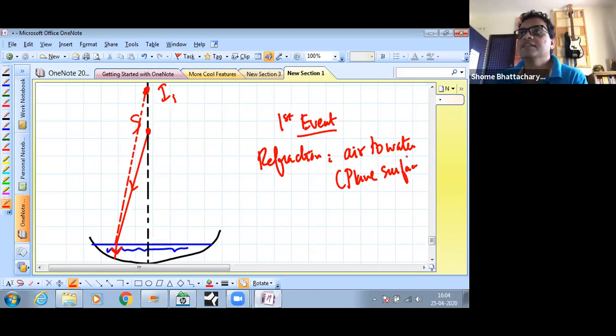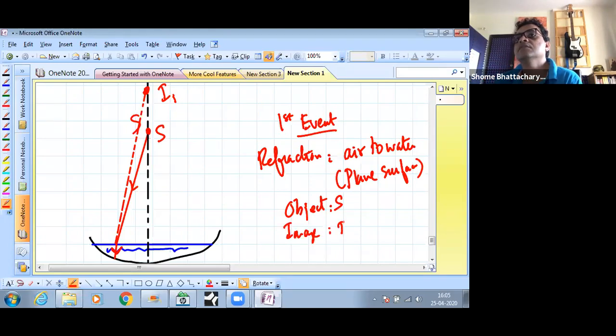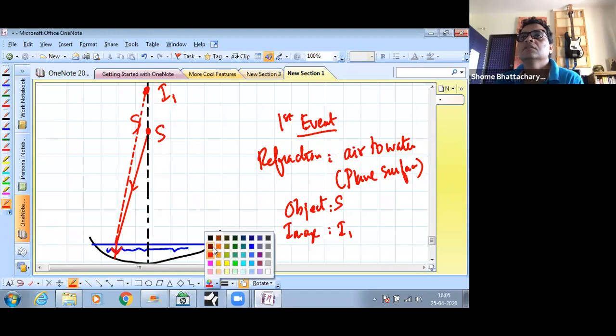So this refraction which is happening at a plane surface, air to water, for that the object is which one? The source of light, or S or whatever. And the image is I1.